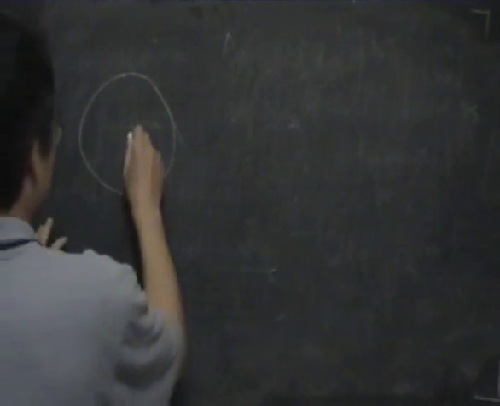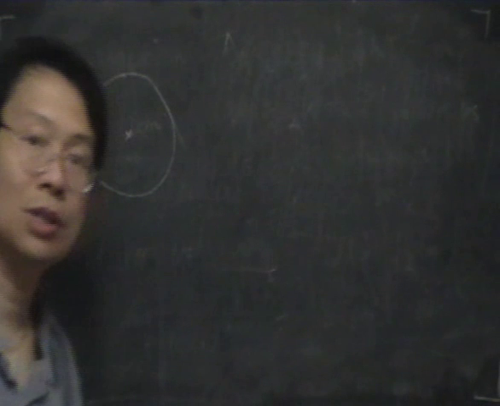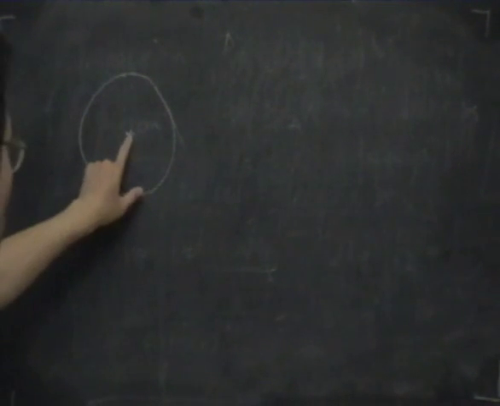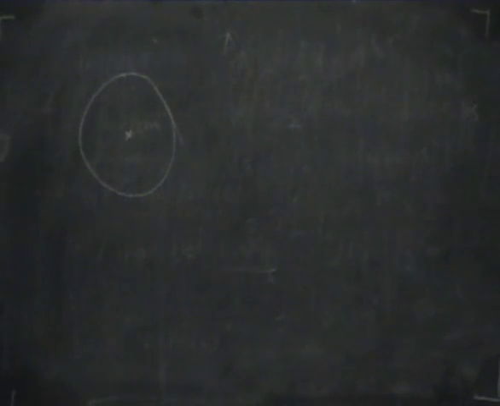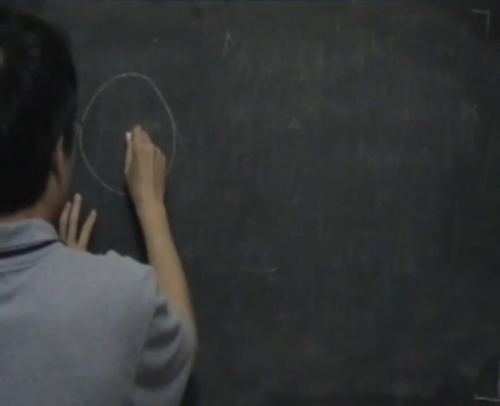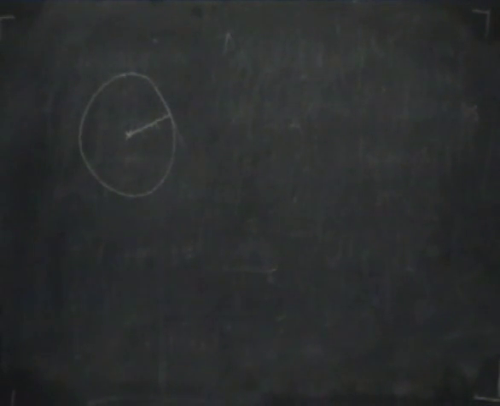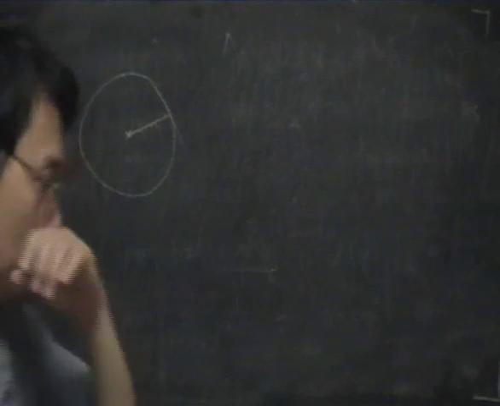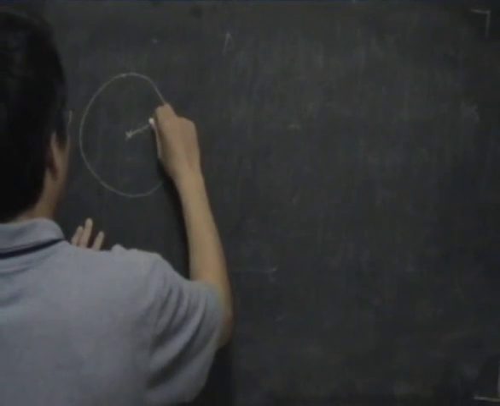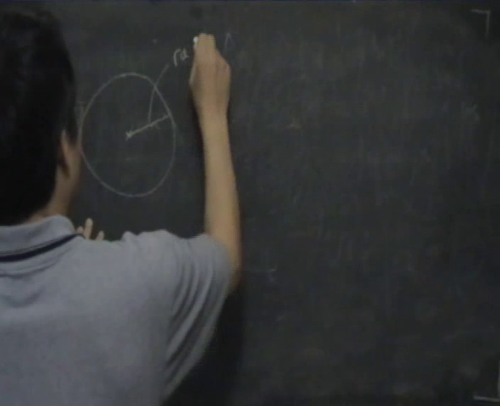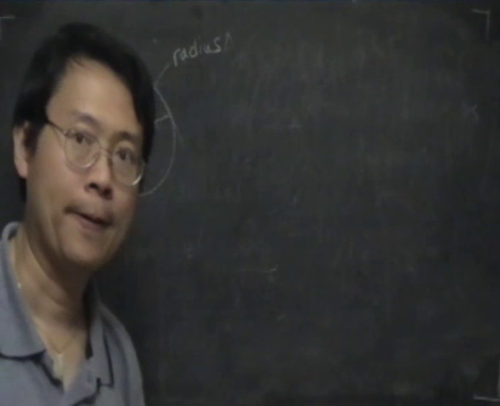Now a circle has a center. Okay, there are some names about the different parts of the circle we need to learn. So the point at the center is called the center. Now from the center, if I draw a line to the side of the circle, this line is called a radius. It's called a radius.